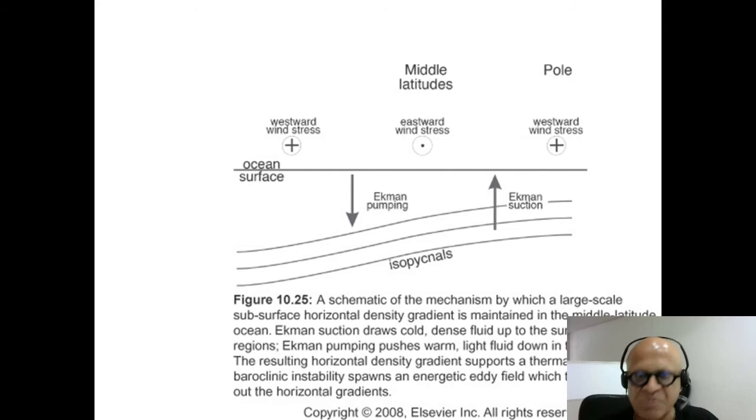The main point to remember is that the ocean generates available potential energy with mechanical forcing from the wind. We will see in the thermocline circulation that in fact the ocean is forced to move heat from the colder hemisphere, the southern hemisphere, into the warmer hemisphere, the northern hemisphere, because of this mechanical dragging by the winds.